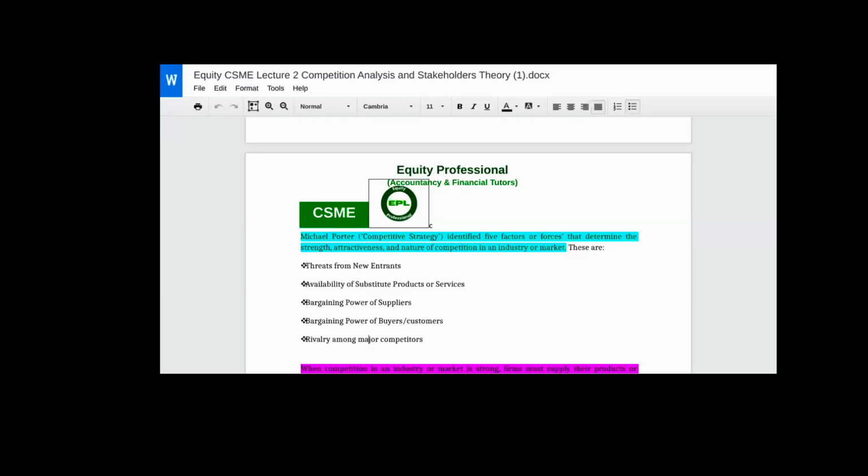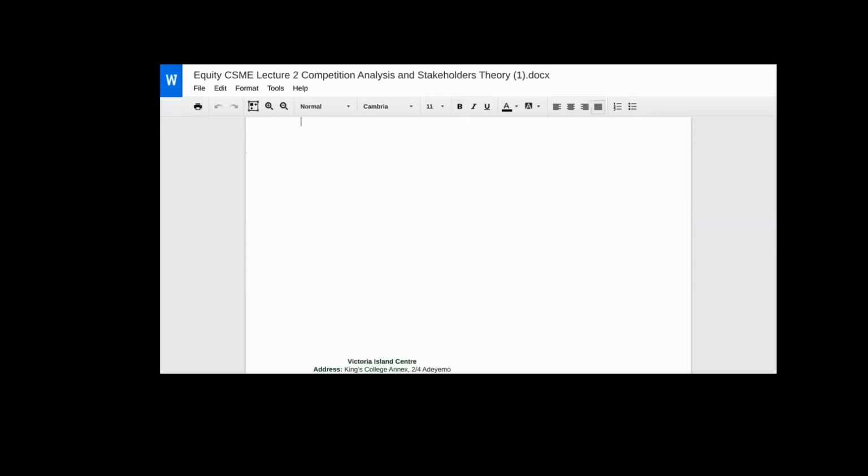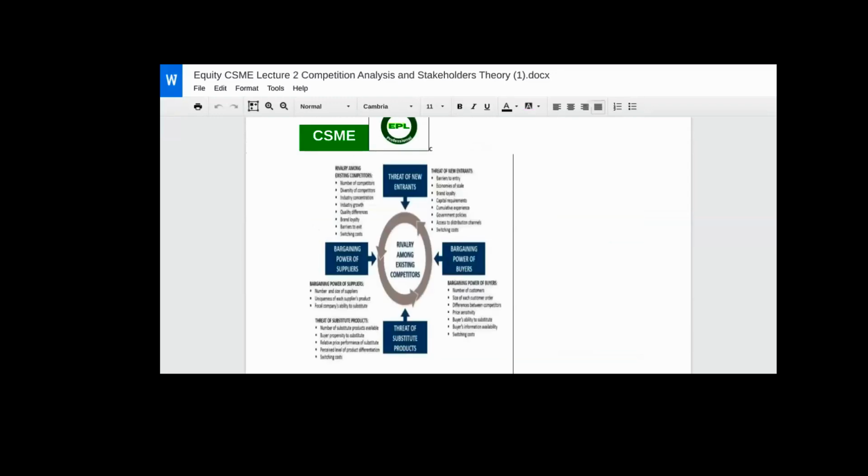Okay, so let's look at the 5 forces model one by one. The threat from new entrants, availability of substitute products, bargaining power of suppliers, bargaining power of buyers, and rivalry among major competitors. So you can see the diagrammatic representation of the 5 forces model. If you want to draw the diagram, fine. If you don't draw the diagram, you cannot be penalized.